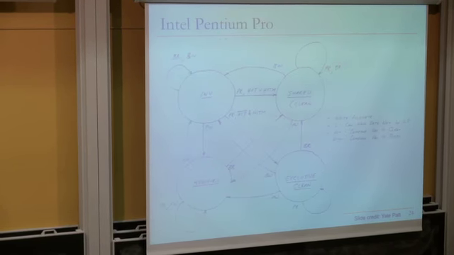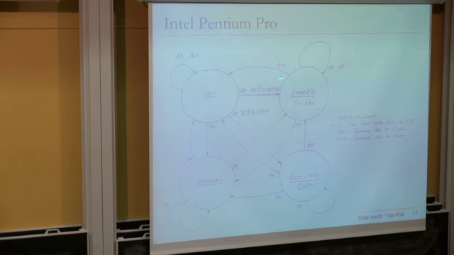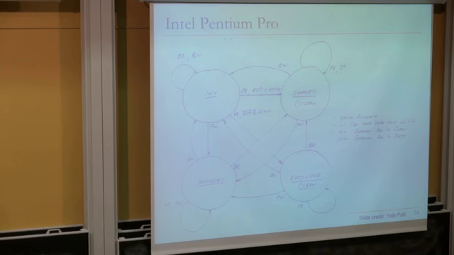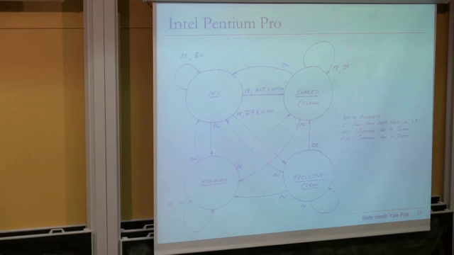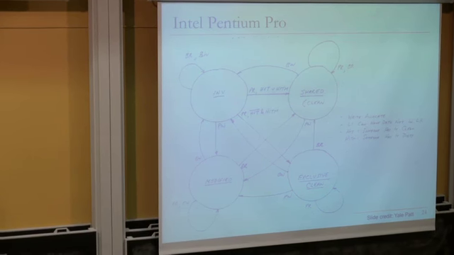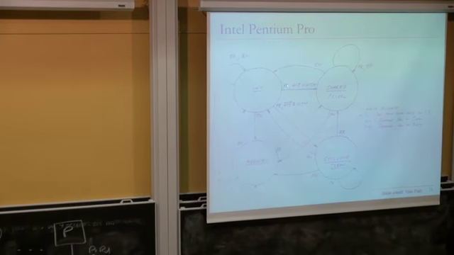Okay, so this is implemented in Pentium Pro, and a lot of processors implement a variant of the MESI protocol, if you will, and we'll get to some variants soon. But here again, the same thing, right?